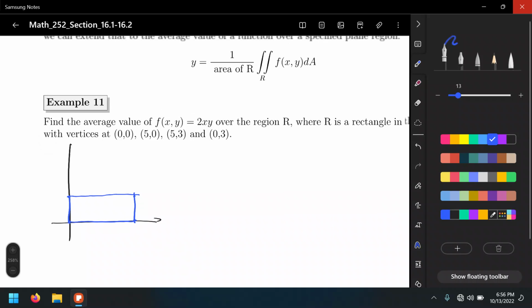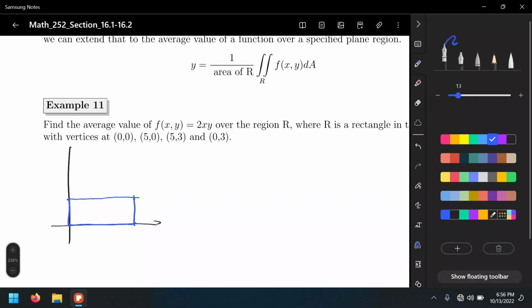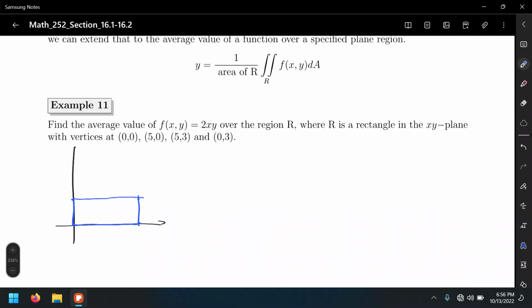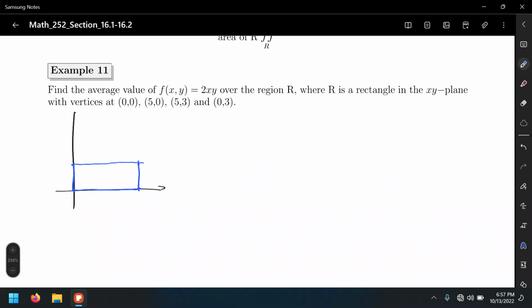And find the area, because in this case we're not going to find the difference b minus a, the way we did with the average value for functions of one variable. Since we're not integrating over an interval, this time we're integrating over a rectangular region. So we need to find the area, which is 5 units by 3 units: 5 times 3, that's 15.